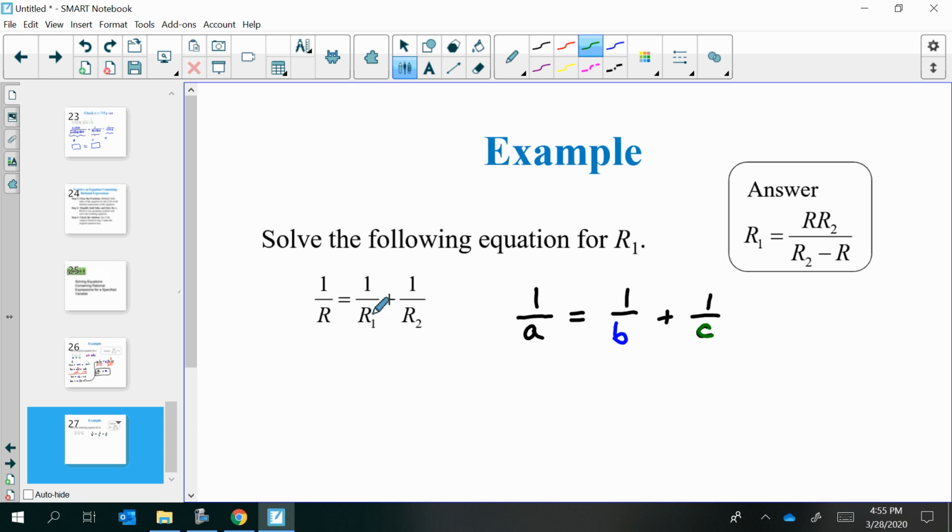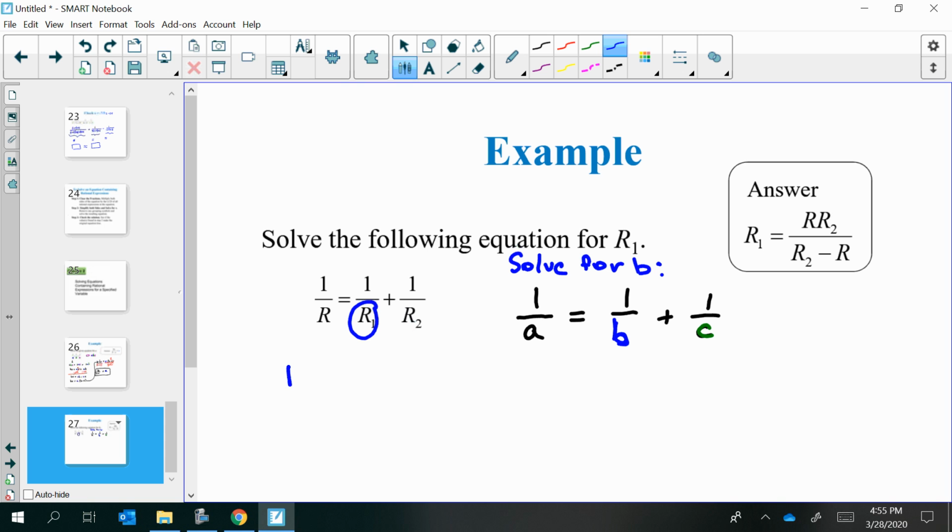And then R1, well, it's in blue, R1 had been changed to B, so now I'm solving for B. If that helps you, there's no problem in doing that. Because sometimes with the little subscripts, things can get a little hard to write neatly, or you might confuse a 1 and a 2 somewhere.